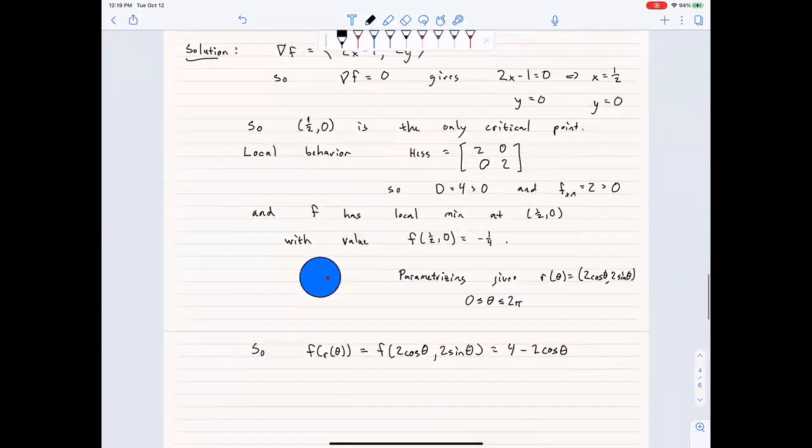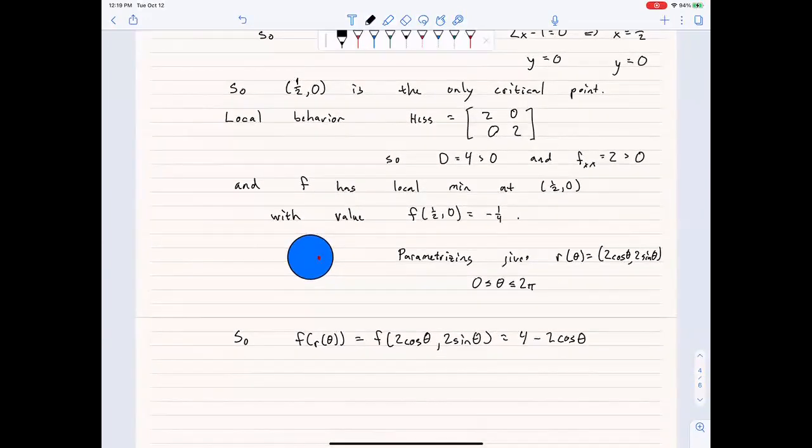So now, as I said, I want to extremize this function on this interval. Well, that's not hard. I can just take the critical points. So d/d theta of F of r of theta is just equal to 2 times sine theta.